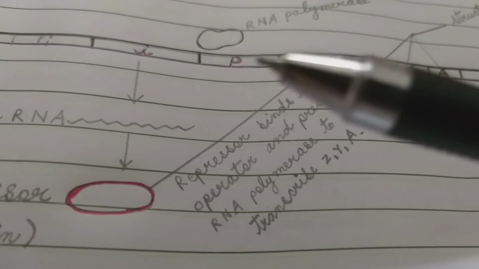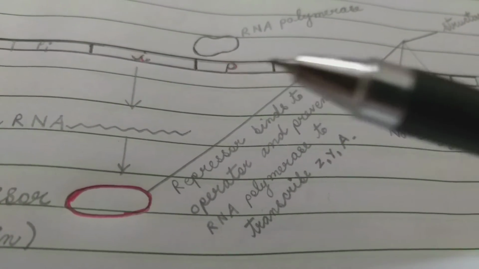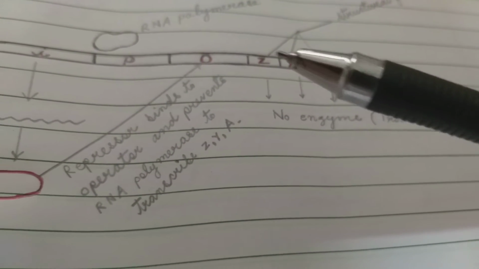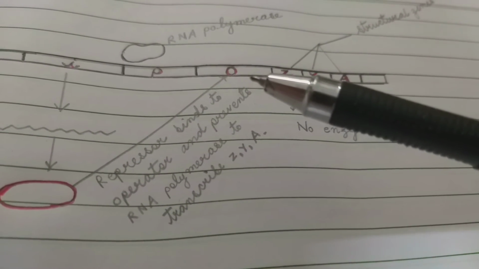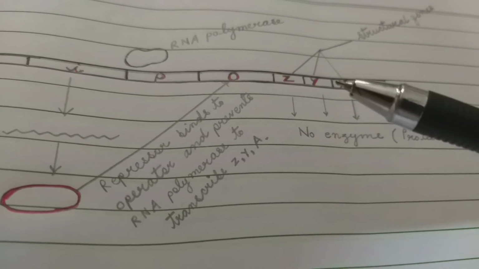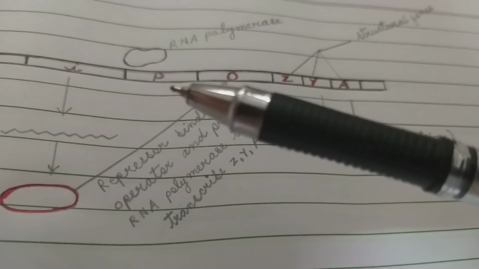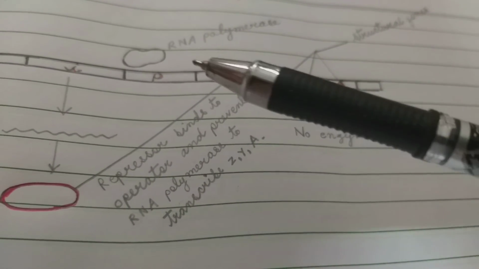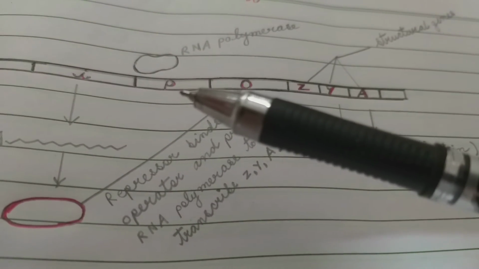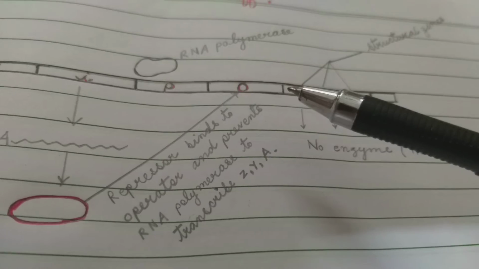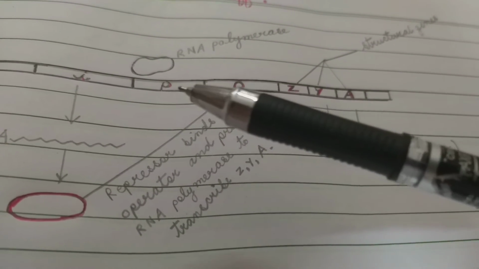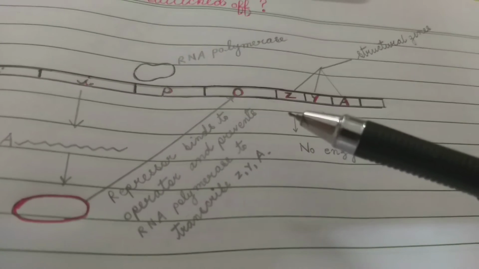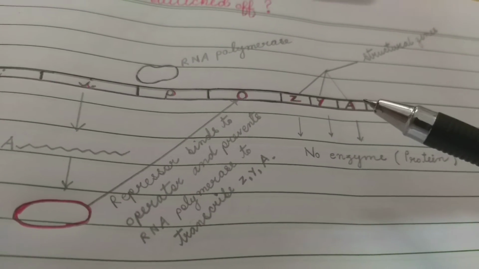and prevents RNA polymerase from transcribing ZYA because the operator gene, in between the structural genes and the promoter gene, is blocked by the repressor. The RNA polymerase binds to promoter, but it cannot go ahead. It cannot attain ZYA.